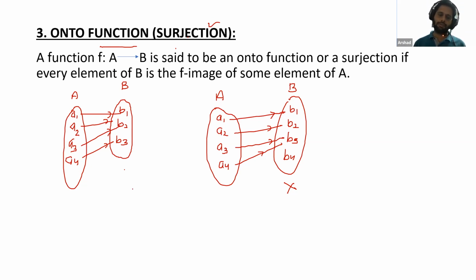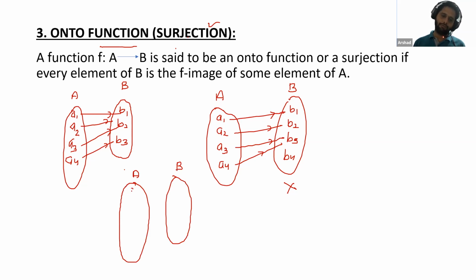So this is one question. This is A, this is B. And Mazia, this question is for you: we have A1, A2, A3, and A4. Here we have the element B1. A1 is linked with B1, A2 with B1, A3 with B1, and A4 with B1.